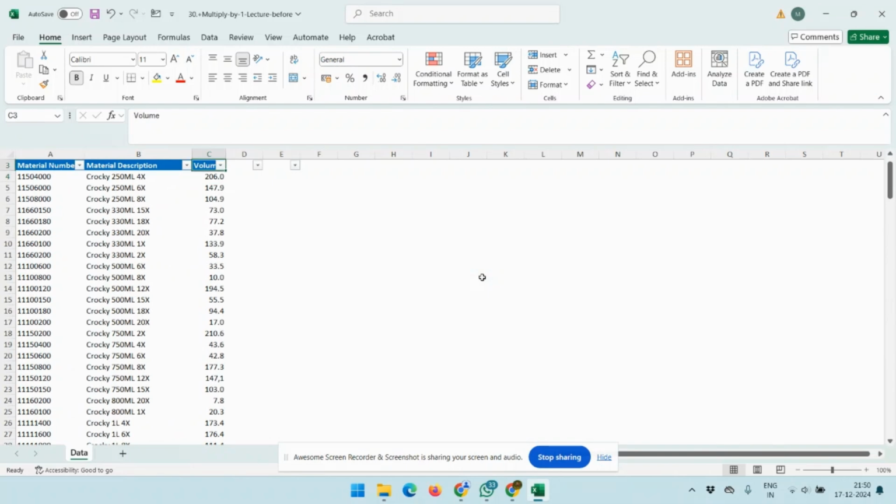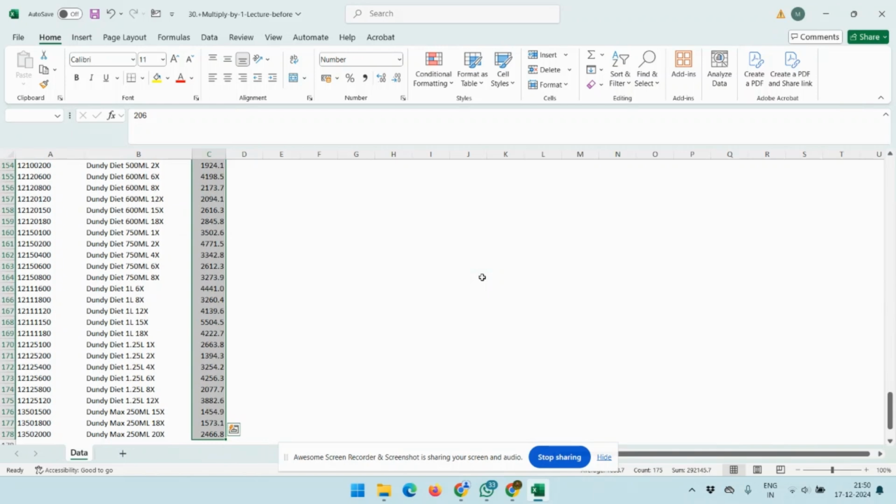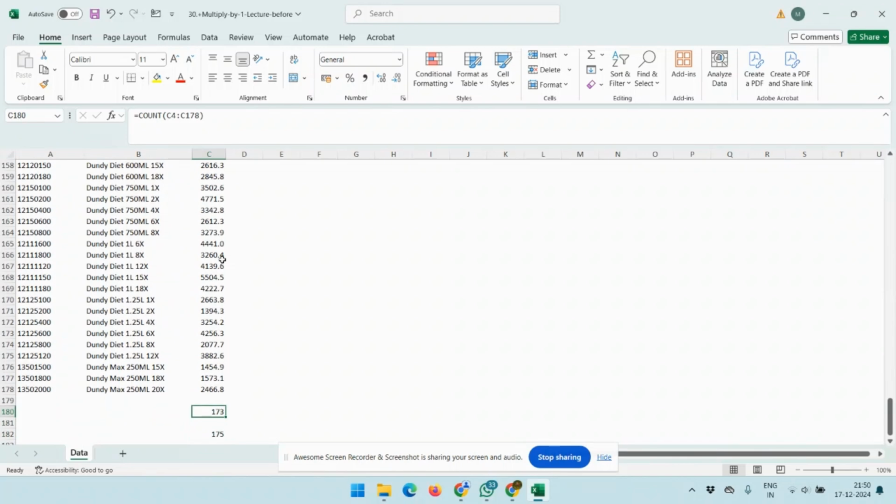So here, this is the volume, and in this volume we have 175 counts. Here you can easily see 175 counts, and we can do the total sum, so it's showing the sum is this.